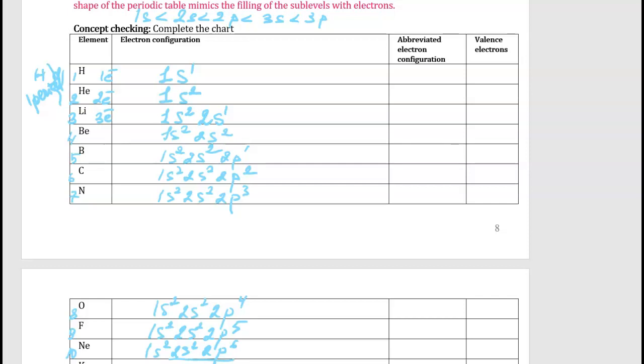So, as you can see, when there are 8 electrons on an outer shell, that means that this atom is very stable. It's very stable. It does not react with anything, so it is stable.